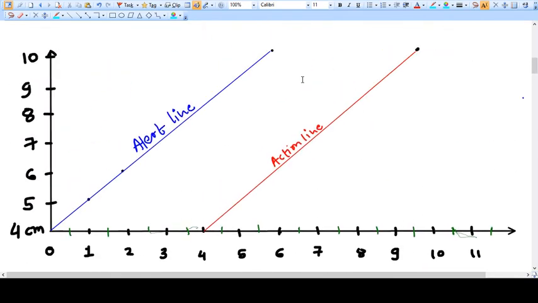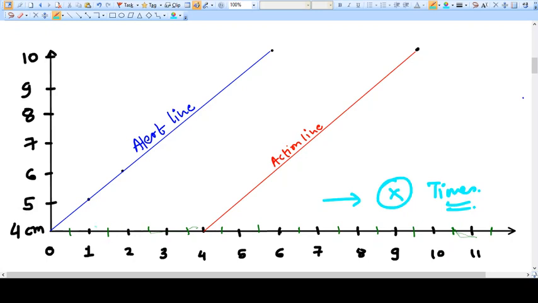As I mentioned earlier, on the x-axis we have time in hours. We put time like 1 hour, 2, 3, 4, 5, 6, 7 up to 11 or 12, and the green mark is half an hour, 30 minutes.